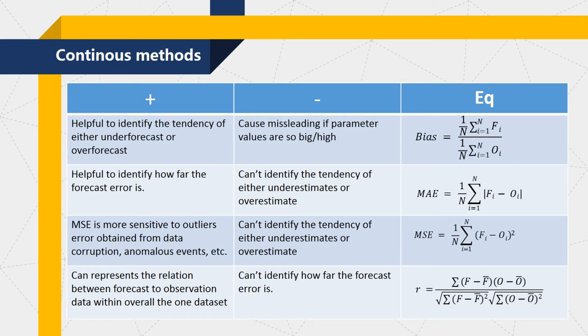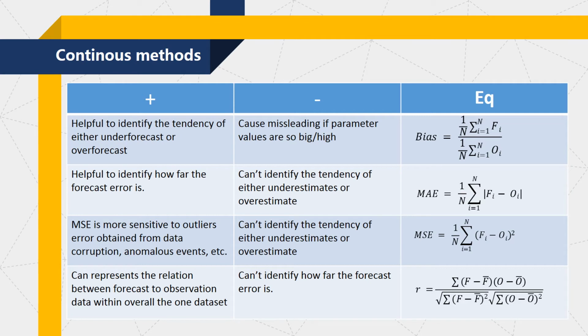In the continuous method, the common verification parameters often used are bias, MAE or mean absolute error, and then MSE, mean square error, and then correlation.